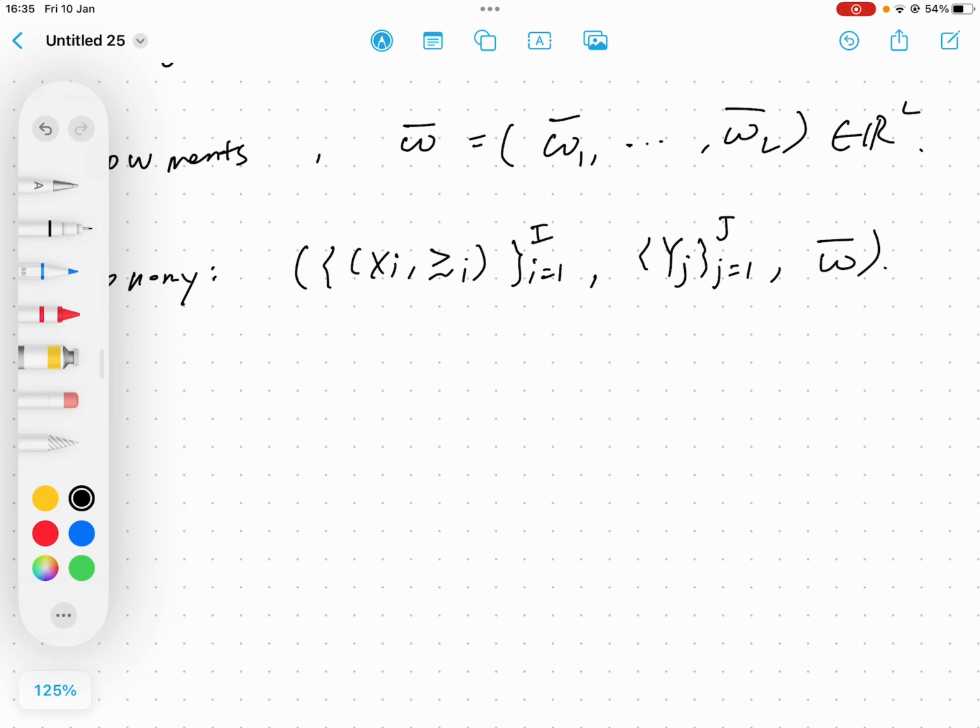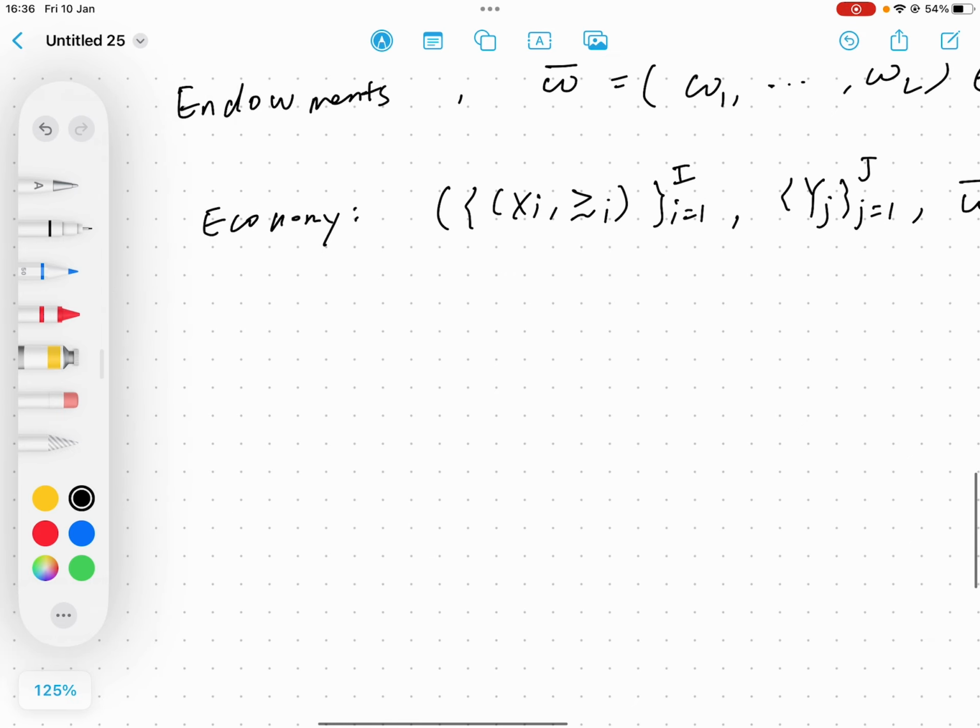All right. So here, this is representing the economy using this tuple.